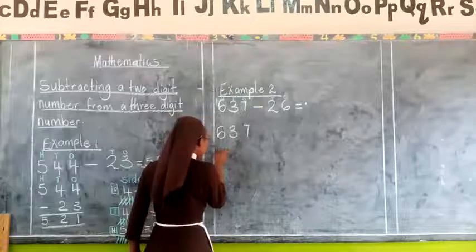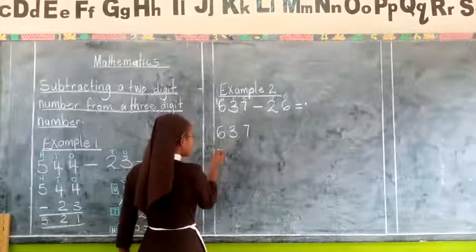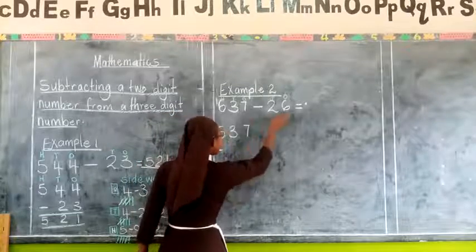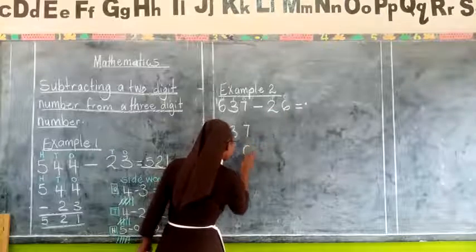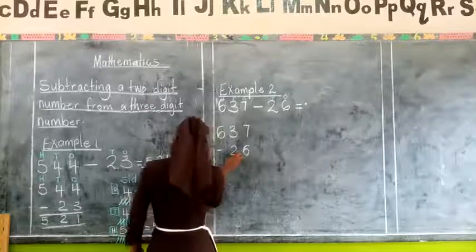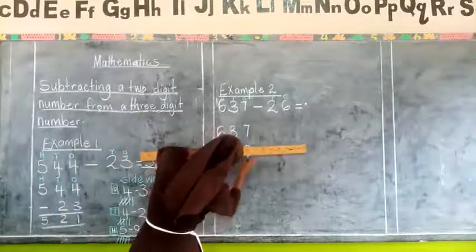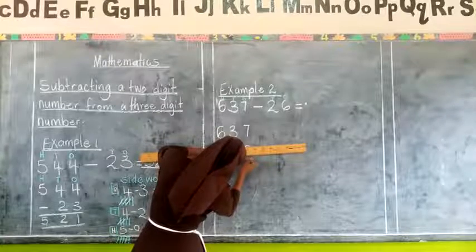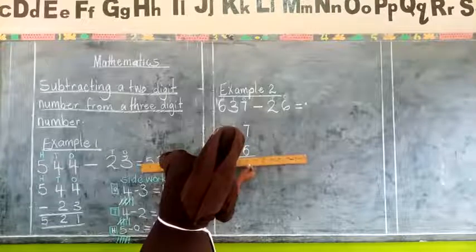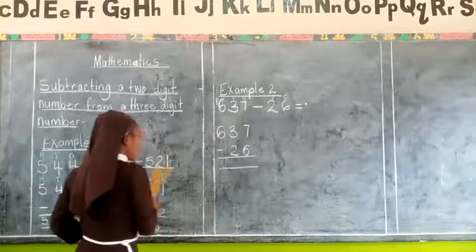Take away, we write the minus sign, this side of the hundreds. Take away 26. Here 6 is under the 7, so we write 6 first and then we write 2. We shall draw our equal signs using the ruler. For me, I sometimes use freehand because I can make straight lines, but for your case, make sure that you use a ruler.